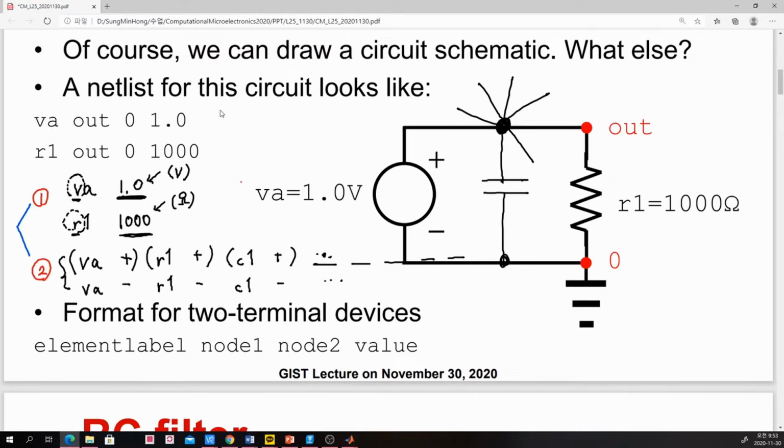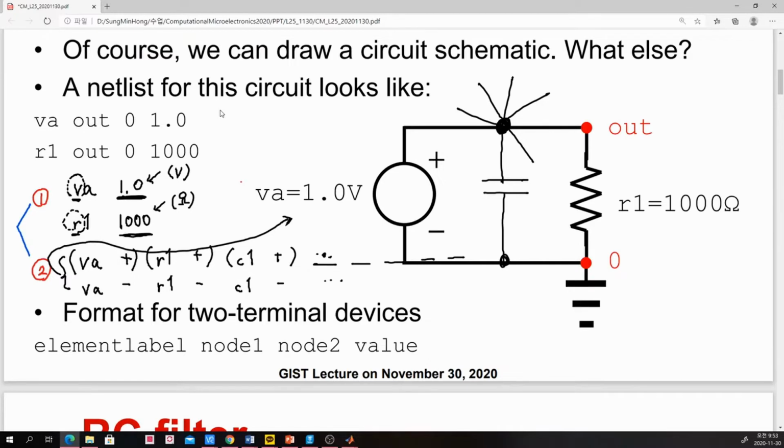These lines are not related to any specific circuit element. So we have to take a global look at the entire circuit schematic and collect all the information out of it.